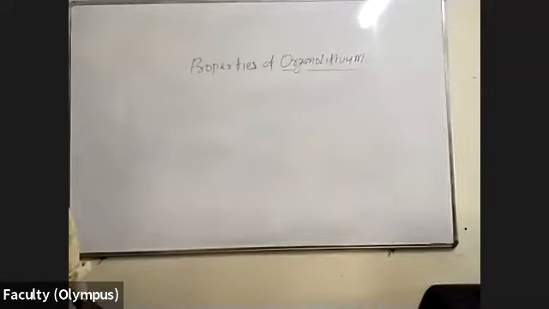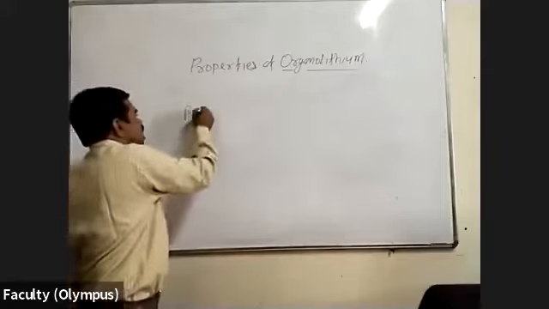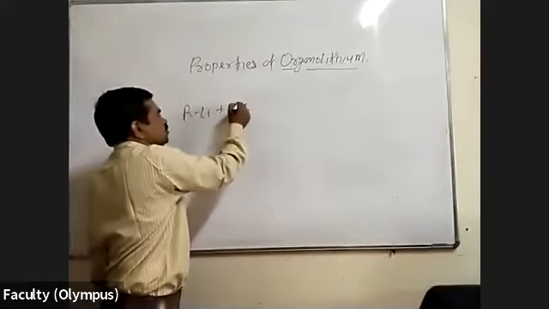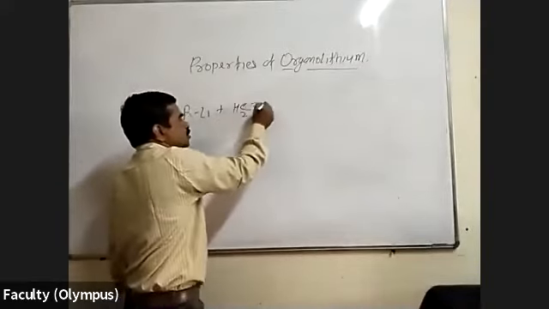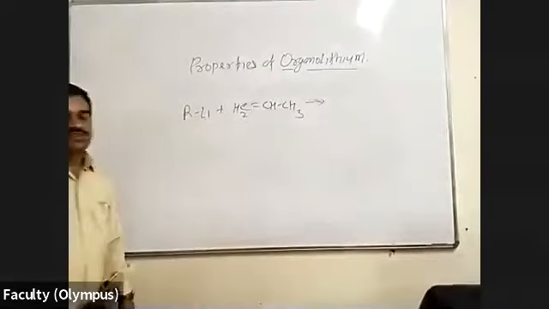Okay, then these react with alpha beta unsaturated compounds and give 1,2 addition. Then this also reacts with alkenes. Say for example RLi plus alkene, CH2 double bond CH CH3.